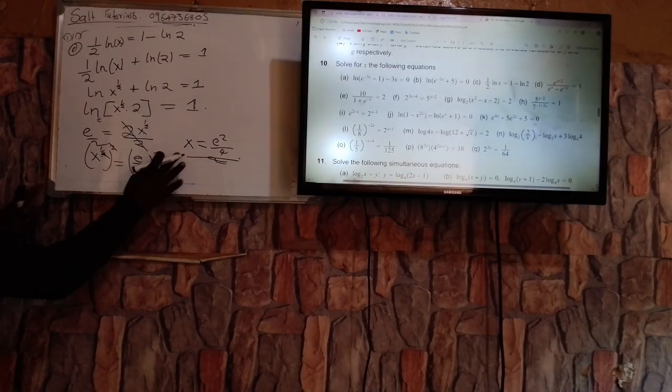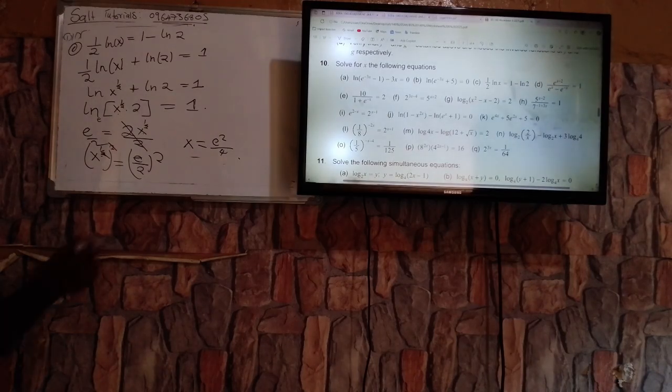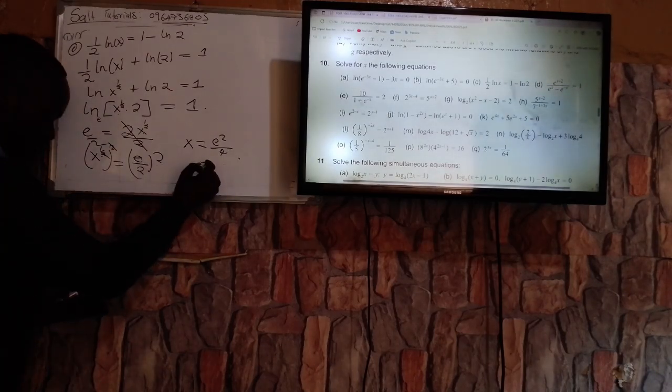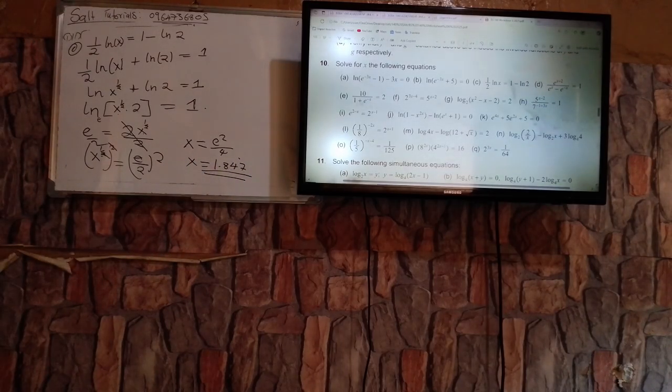So punch in e squared on your calculator, divided by 4. I'm going to have x to be equal to 1.847 as the value of x. Very simple, like that.